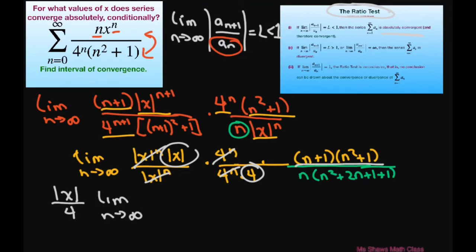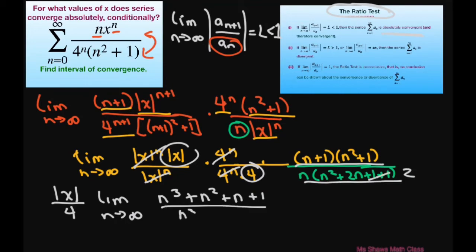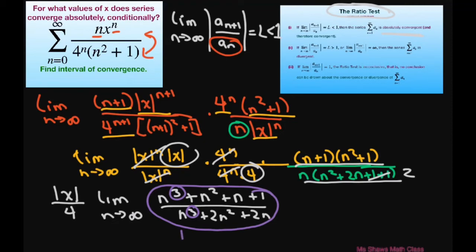Simplifying this will give you n cubed plus n squared plus n plus 1 on top. Simplifying the bottom, this equals 2 right here, so that's just going to be n cubed plus 2n squared plus 2n. Now looking at our highest degree, we have the same degree here. So as n gets larger and larger, this is going to get closer and closer to 1. So basically 1 times the absolute value of x divided by 4 is our limit.